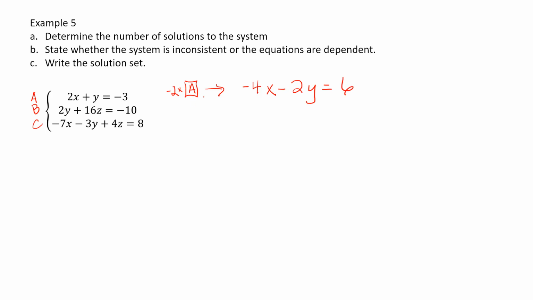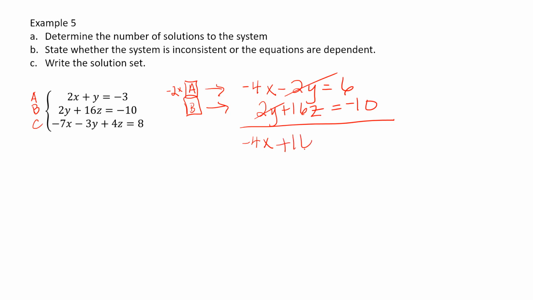And then equation B, I'm going to leave the way it is, 2y plus 16z equals negative 10. When I add this together, the y's cancel, and then I've got plus 16z is equal to, so now I have an equation in just x and z, so we'll call that equation D.